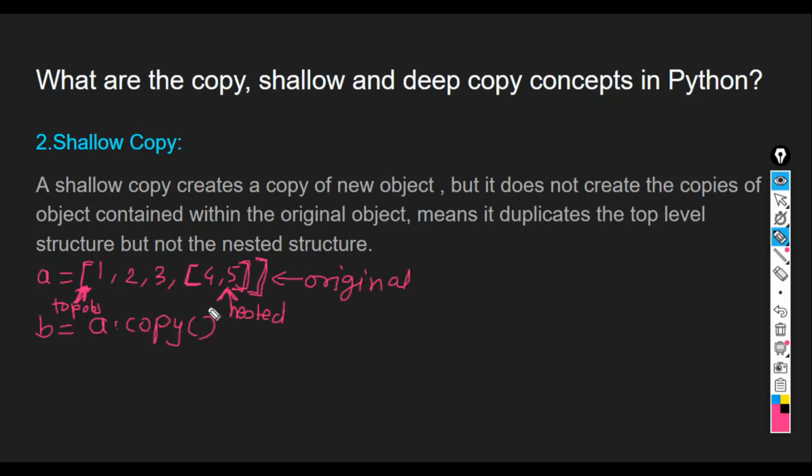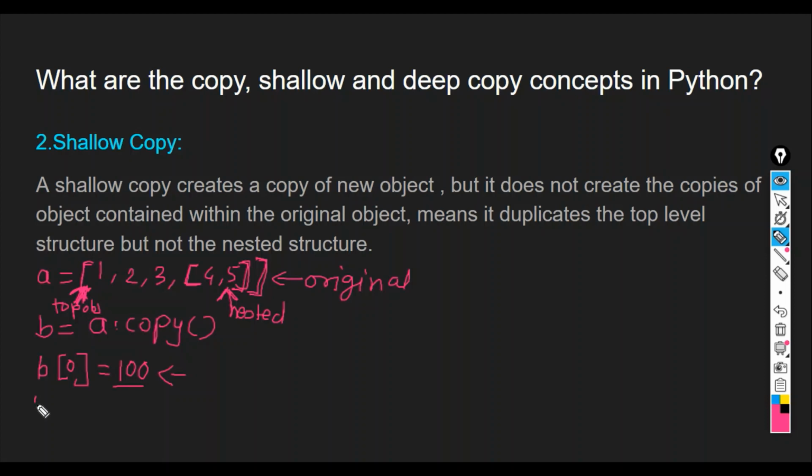So because of that, what is going to happen? If you do any changes using this B object to the top level object, for example B of 0th element is equal to 100, this change will not get reflected to A, because it has copied the top level object.